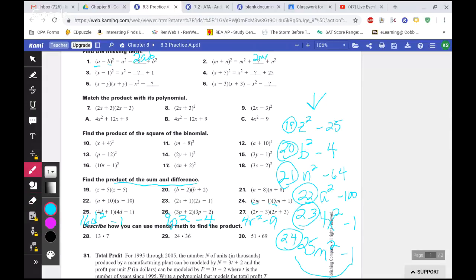Okay, now x times negative 1. Negative 1x? Or just negative x? Well, you could go either way. If you want to write the 1, it's fine. It's not going to hurt anything. Negative x and negative 1x are literally the same thing, just written differently. They mean the exact same thing. So then multiplied by 2, negative 2x.